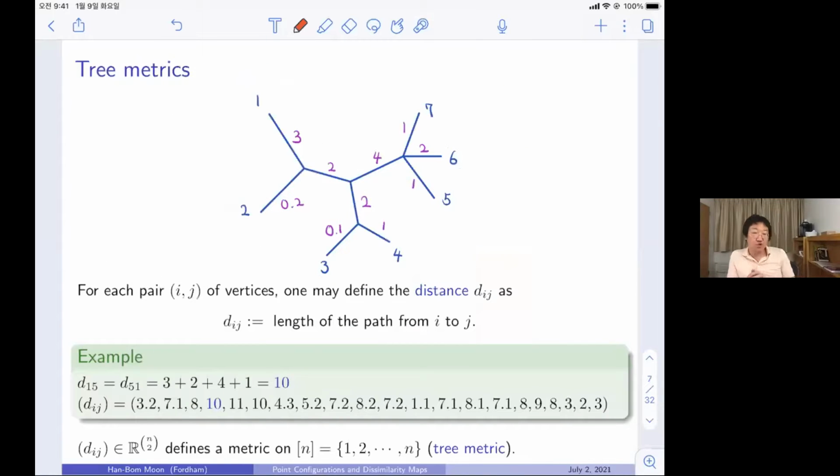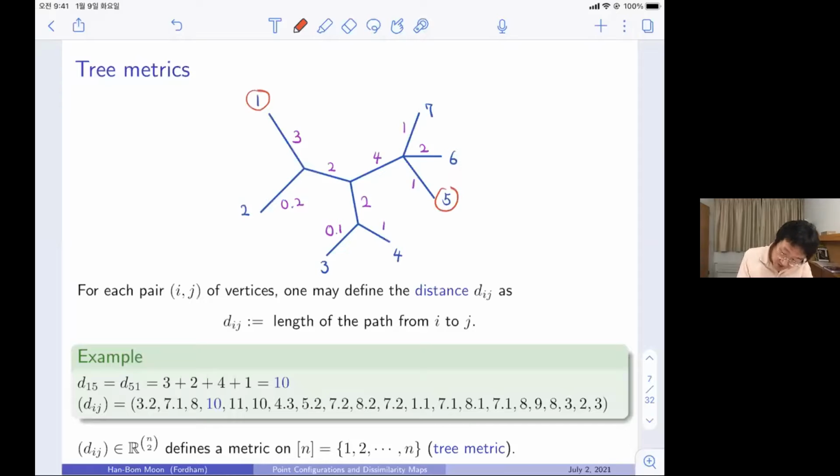Now let's go back to the metric tree. This is the example I gave you before. When we have a metric tree, then for each pair of leaves, like 1 and 5 here, we may define the distance d_ij between these two leaves. The idea is really simple.